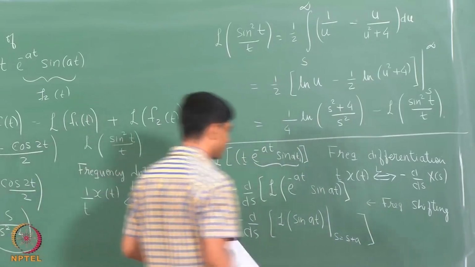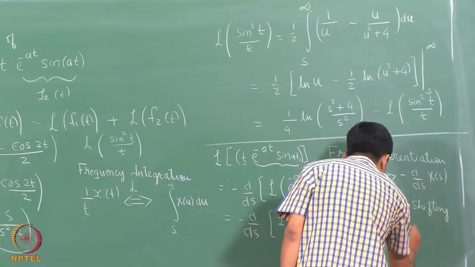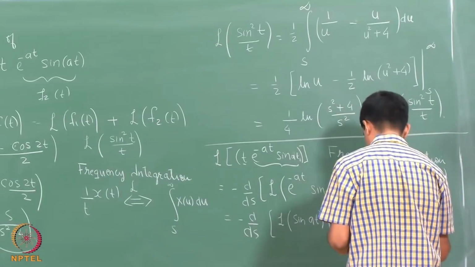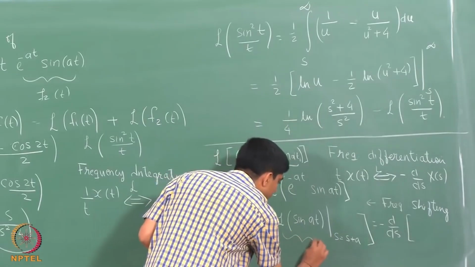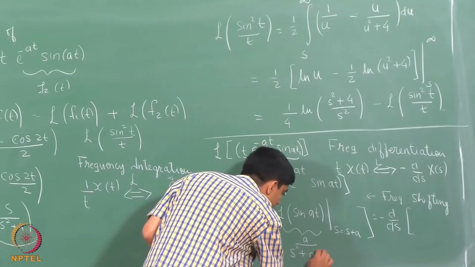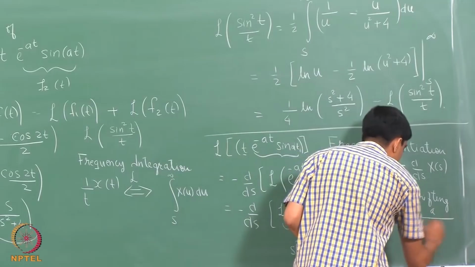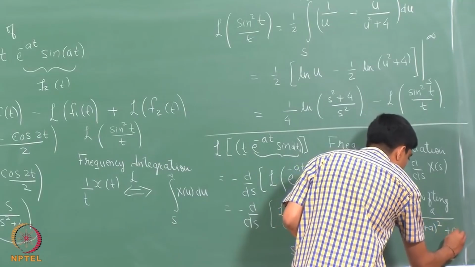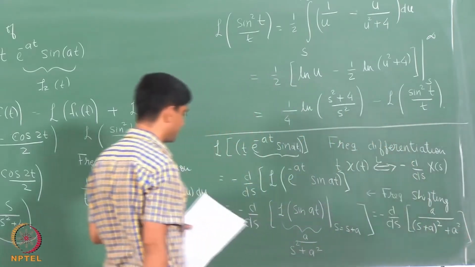Okay. So, now I know the Laplace transform of sin of a t would be a over s square plus a square. Frequency shifting would give me s replaced by s plus a, so a over s plus a whole square plus a square. Okay.